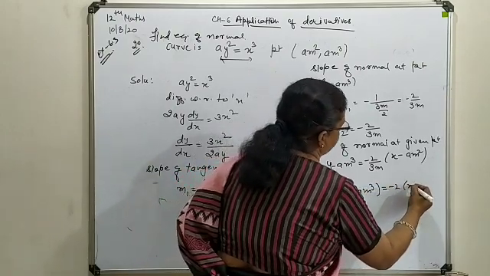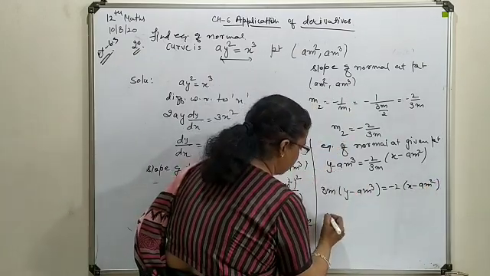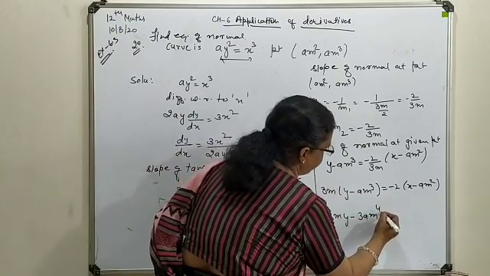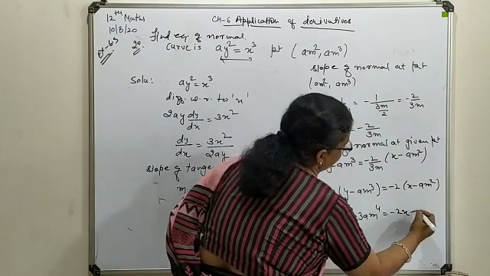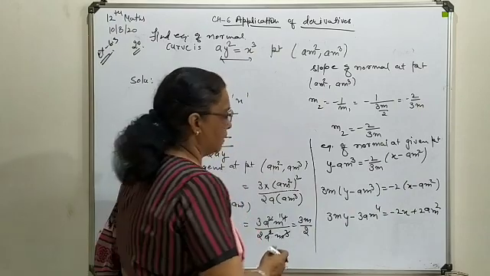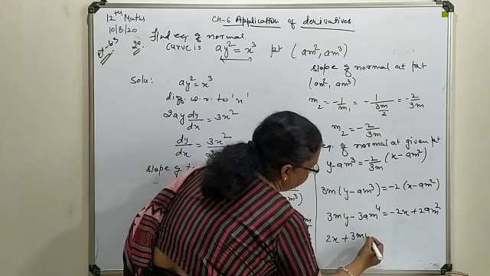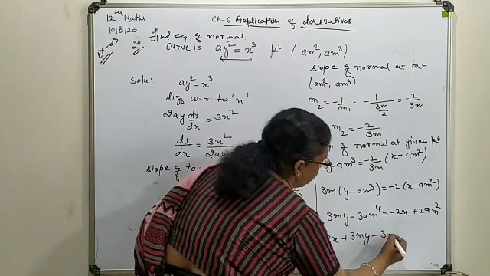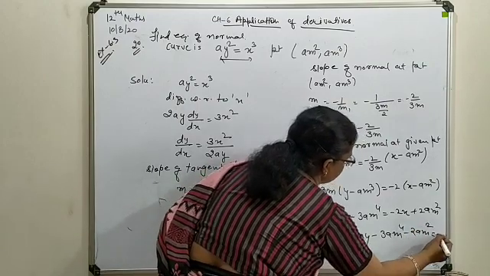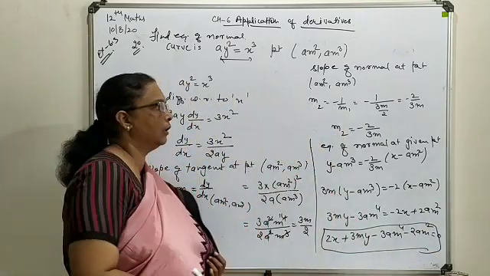Minus 2 you keep as such for further multiplication. Further you multiply individually. So 3my minus 3am4 equals minus 2x plus 2am square. Shifting all the terms to one side, that is 2x plus 3my minus 3am4 minus 2am square is equal to 0. So this is the required equation of normal.